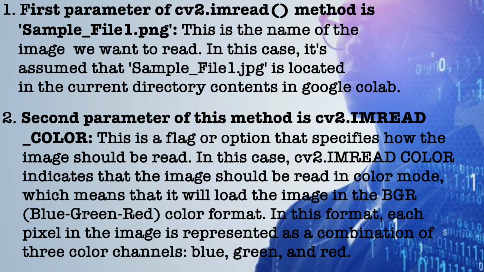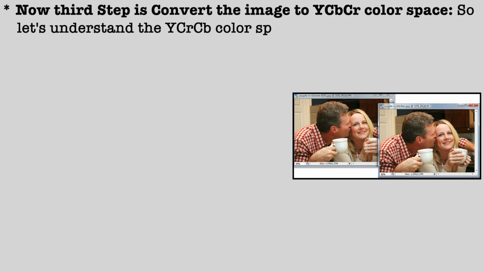In this format, each pixel in the image is represented as a combination of three color channels: blue, green and red. After executing this line of code, the image variable will contain the loaded image as a numpy array with the BGR color format.